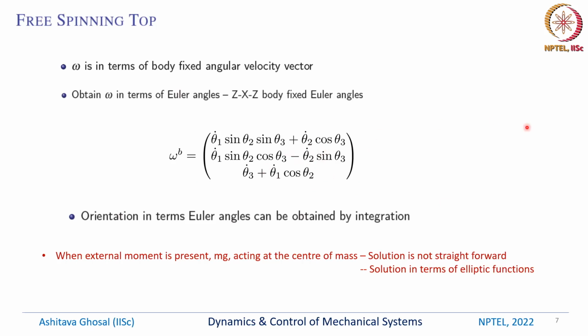Nonlinear equations are not straightforward. However, a lot of people have worked on these tops, and there is something called an elliptic function, which I don't want to get into. I can find the solution when there is a mass mg acting at the center of this top, and the solution is in terms of elliptic functions.